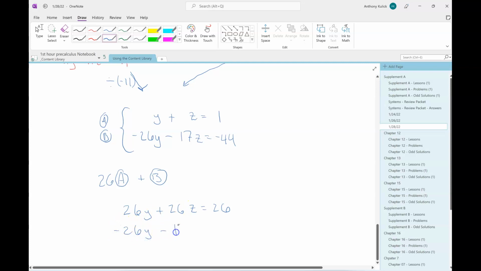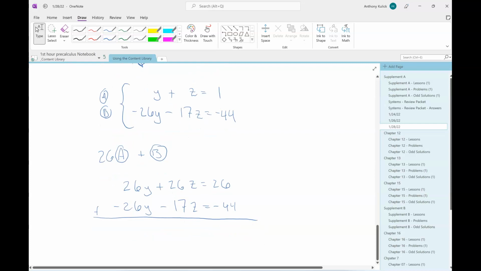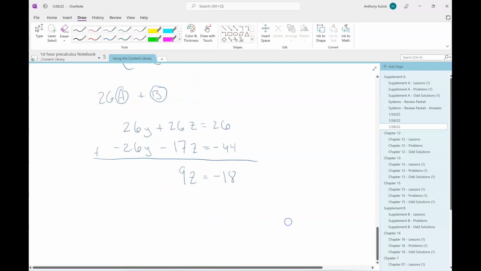And then B is fine just the way it is. And then when I add down, I get 9z equals negative 18. So z is negative 2.